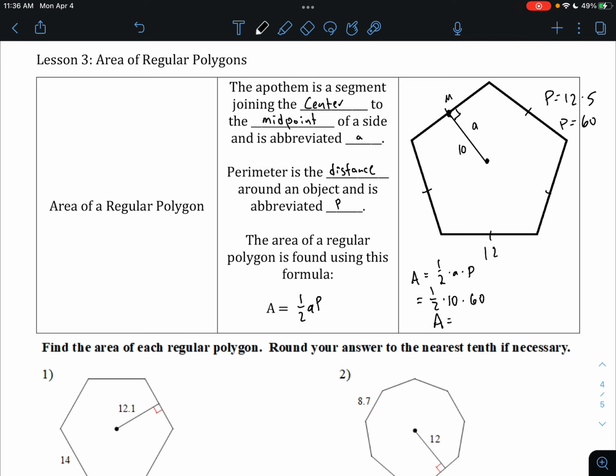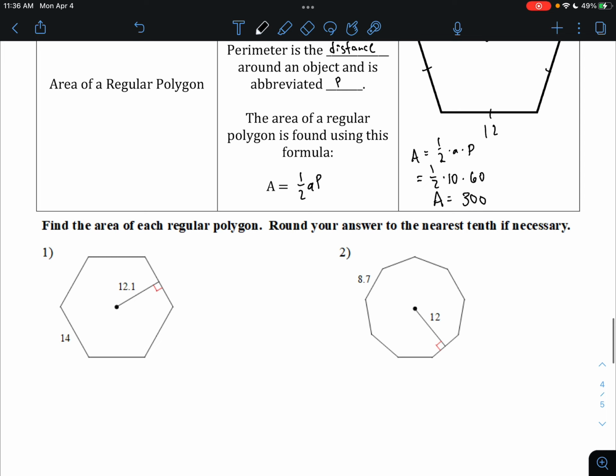So our area is 300. So if you have your apothem, you have your perimeter, it's again a pretty straightforward formula. Or if you have your apothem and you have one side, to find your perimeter, all you have to do is multiply that side by the number of sides, and that will give you your total distance around.